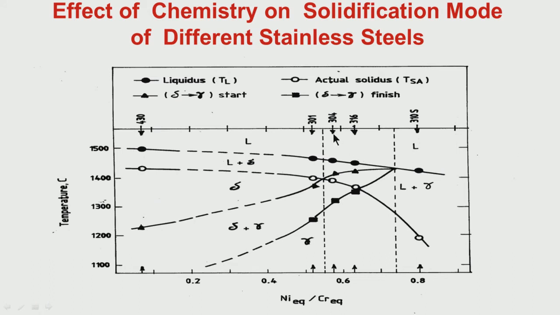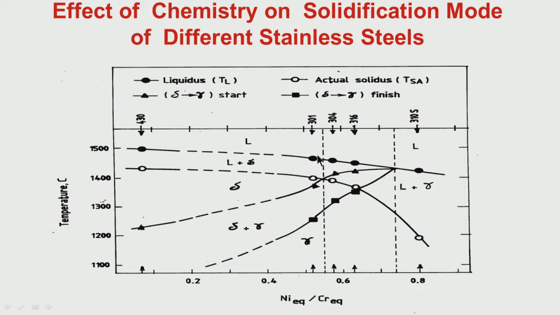Look at 304, what is happening? Initially liquid, then liquid plus delta, then delta plus gamma, the liquid delta gamma phase field. So, this delta to gamma transformation takes place almost near solidification complete. As I mentioned, when this delta to gamma transformation takes place is very important.